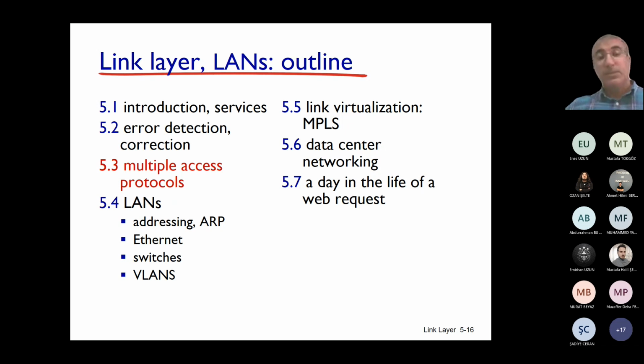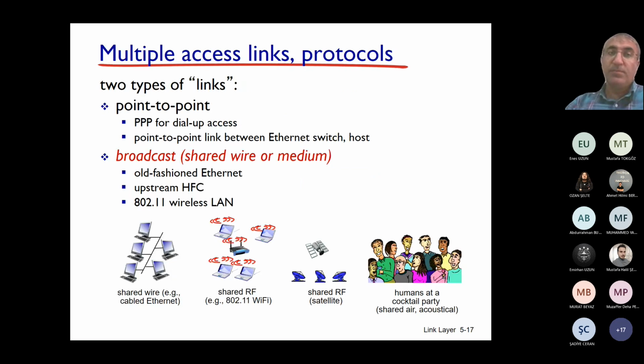Okay, so the next topic is called multiple access protocols. One of the main services provided by this layer. First of all, we have two types of links. The first type is called point-to-point, and this is used for dial-up access or between Ethernet switches and hosts.